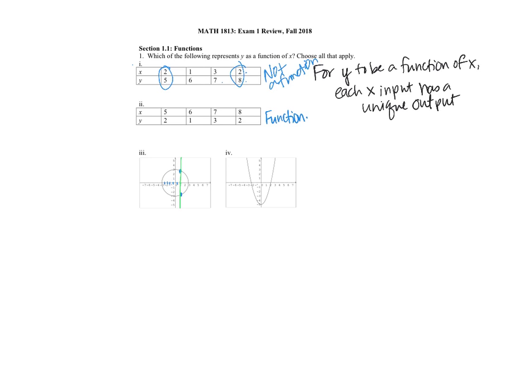So this one is not a function. Okay, and then this parabola looking graph here, I can see that for each x input, I have a unique output. In other words, I hit the graph at one spot. And so this one is a function.